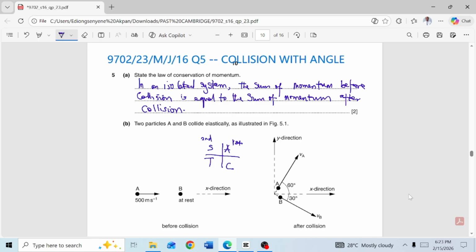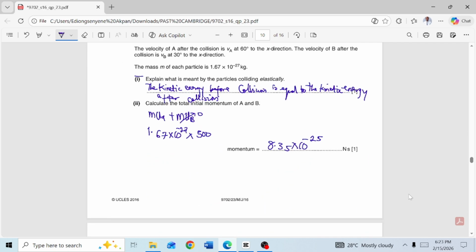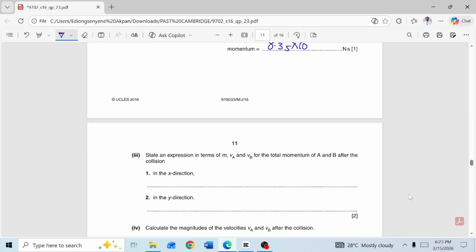The second thing I want you to notice is that the initial momentum, the movement of this is only horizontal, so it has no vertical components before collision. It only has horizontal components. Let's answer the question we are asked to express. In the x direction, this will give us mVA cos 60 plus mVB cos 30.